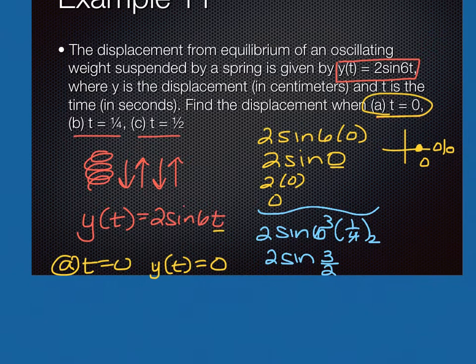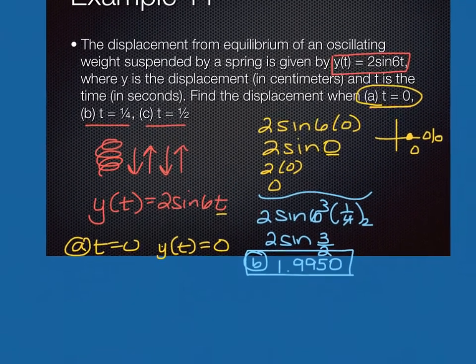Again, these should be in radians. The sine of 3 over 2 is 0.9975. Multiply that times 2, and I get 1.99498. So we're going to say 1.9950. So when t equals 1/4, the displacement is 1.9950 centimeters.